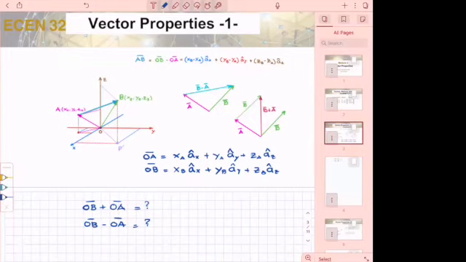Visualizing in 3D is extremely important. Engineers have to visualize the things that they're making. So having the capability to visualize where A plus B is, and where A minus B is, is extremely important.